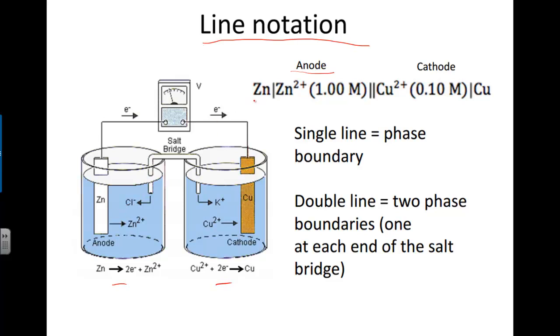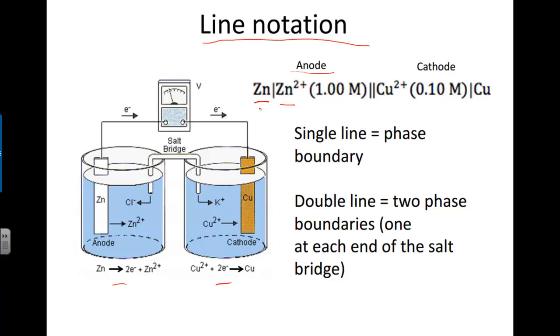So I always start with the metal, and then I show what's happening, going from zinc metal to zinc 2+. I put a double line. You can think about this as being where the salt bridge is, and then I show what's happening at the cathode, where the copper is going from copper 2+ to copper.